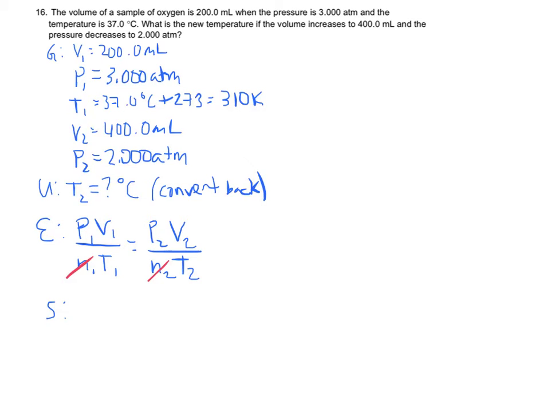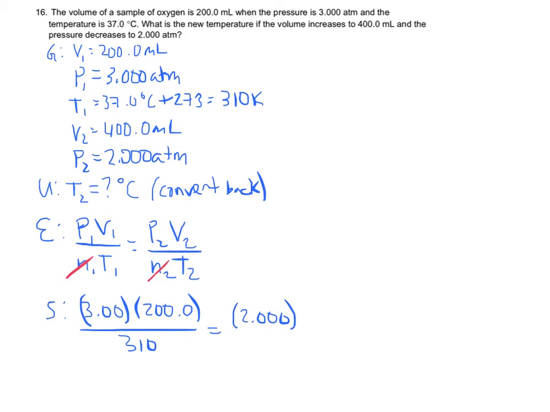All right, so substituting our numbers in, we have 3.00 atmospheres. And then we have our initial volume, which is 200 milliliters. And that is all over our initial temperature, which is 310 Kelvin. Make sure you use the Kelvin amount. Our final pressure is 2.000 atmospheres.